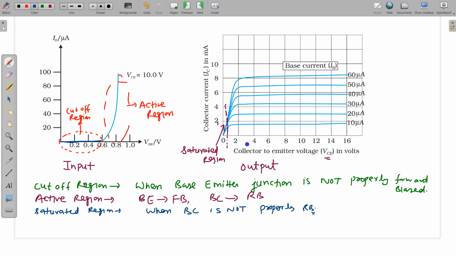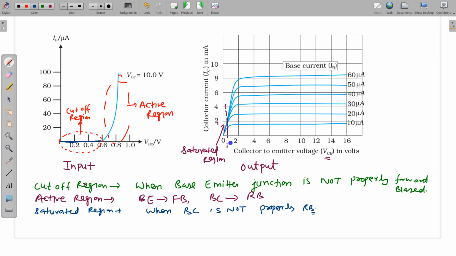As we increase this voltage, the current almost becomes constant. Initially, as we increase VCE, the current increases, and it starts pulling more and more charge carriers which are being emitted by the emitter.